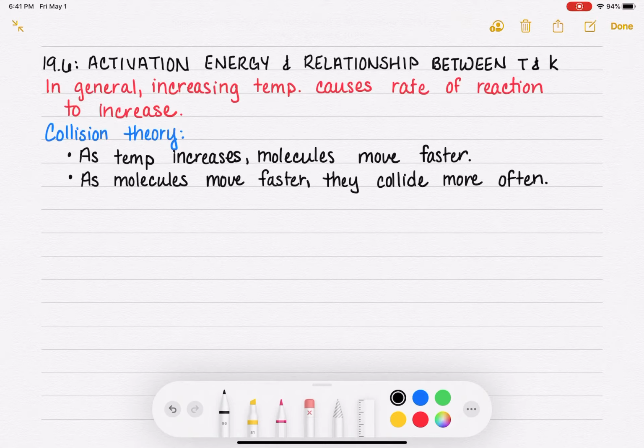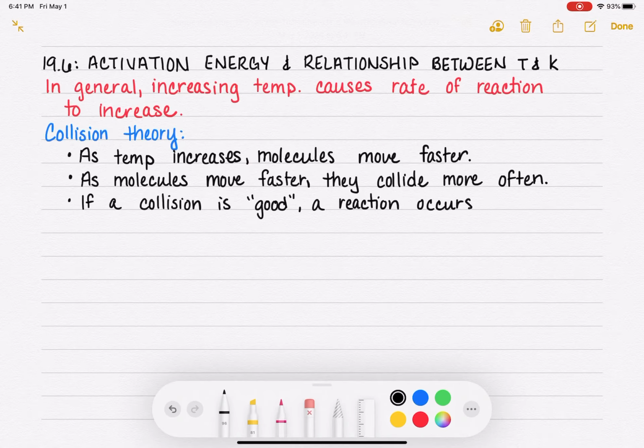And when they are colliding more often, it increases the likelihood that two molecules will collide in a good way, in the right way, to lead to a chemical reaction. So if a collision is good, a reaction occurs.